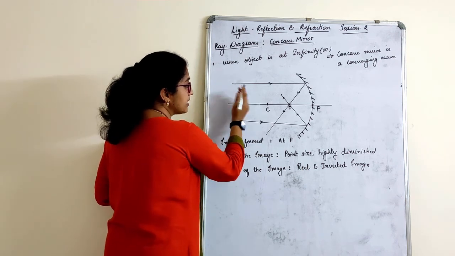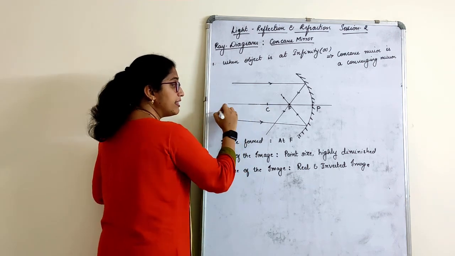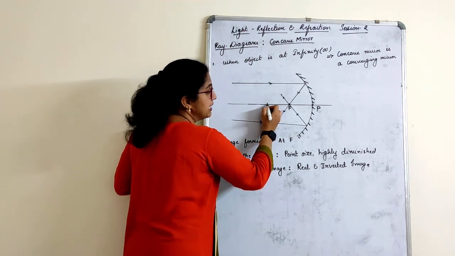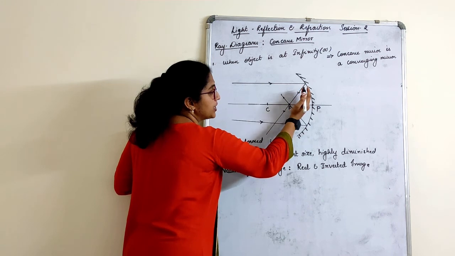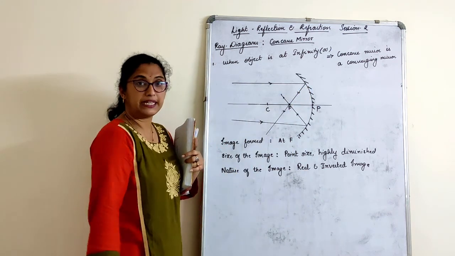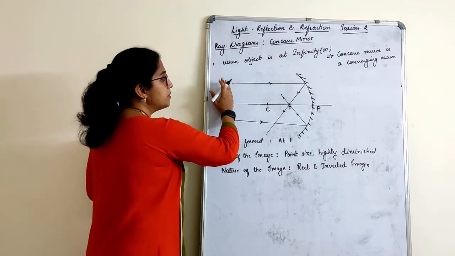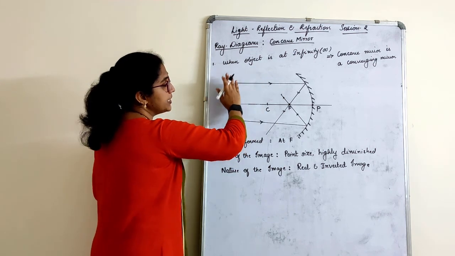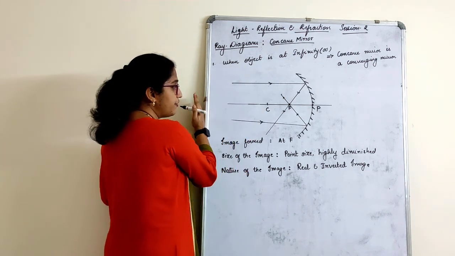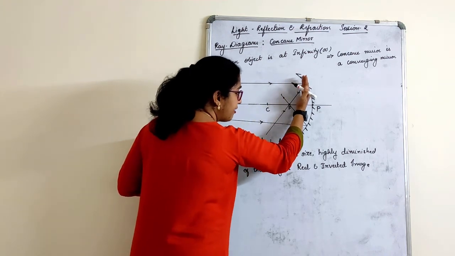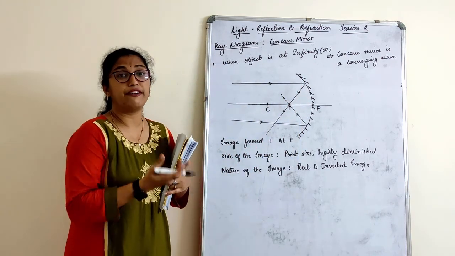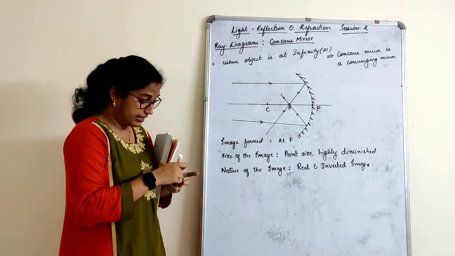Now the object is kept beyond C. Then the object is kept at C. Then the object is kept between F and C. Then the object is kept between F and P. So we go on moving the object position from infinity to C, between C and F, and between F and P. That is what we have to show here in the ray diagram.